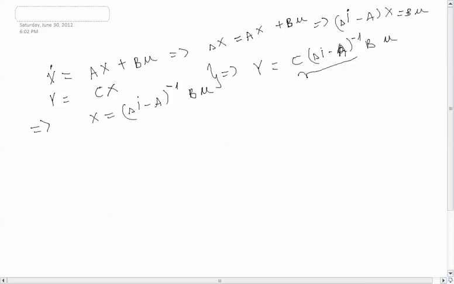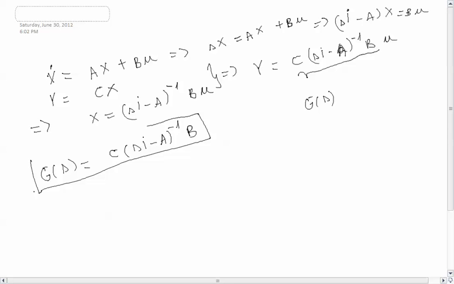So this is actually my g of s. If I am smart enough and get the state space representation, the g of s is immediate: c times s I minus a to the power of minus 1 times b. So you can see it's immediate from the state space representation to the transfer function.